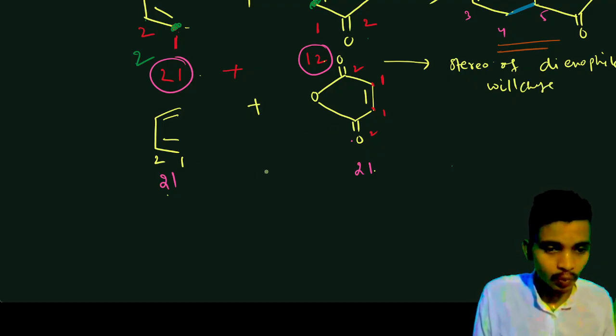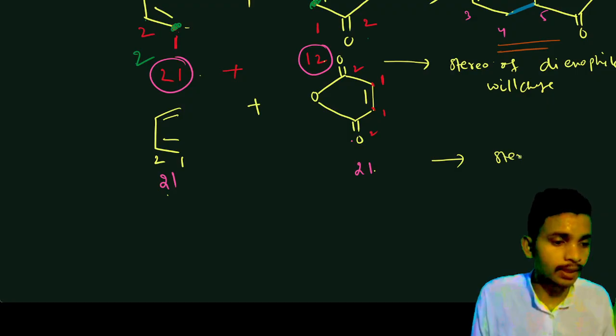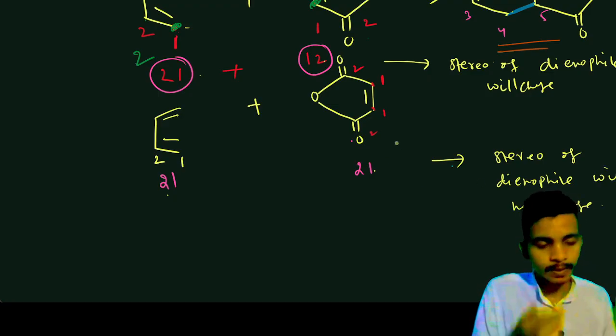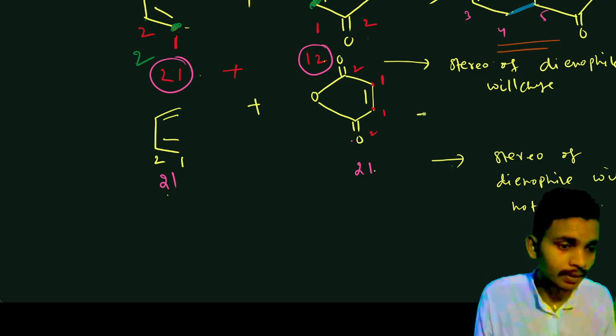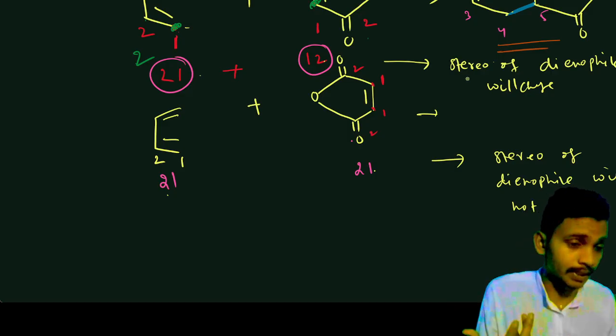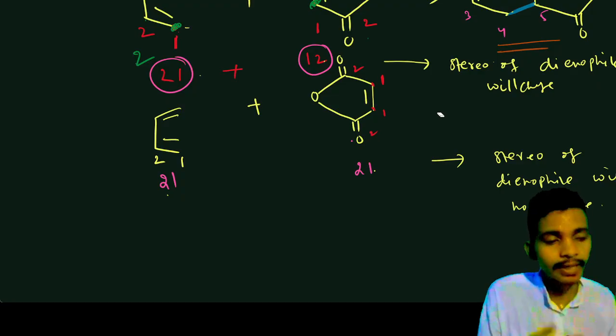And if it's 2 1 and 2 1, then the stereo of the dienophile will not change. Okay, so the stereo of the dienophile will change, and the stereo of the diene will always remain as it is. So the stereo of the diene will not be affected.